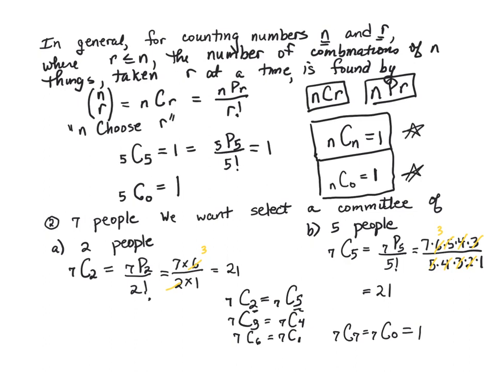That if we have a group of 7 people and we want to make a committee of 7, there's one way to make that committee, choose everyone. And if we wanted to pick no one, there's one way, just don't pick anyone. So this is a very important property for combinations. For whole numbers, and notice we're saying whole numbers because we could include 0 here.